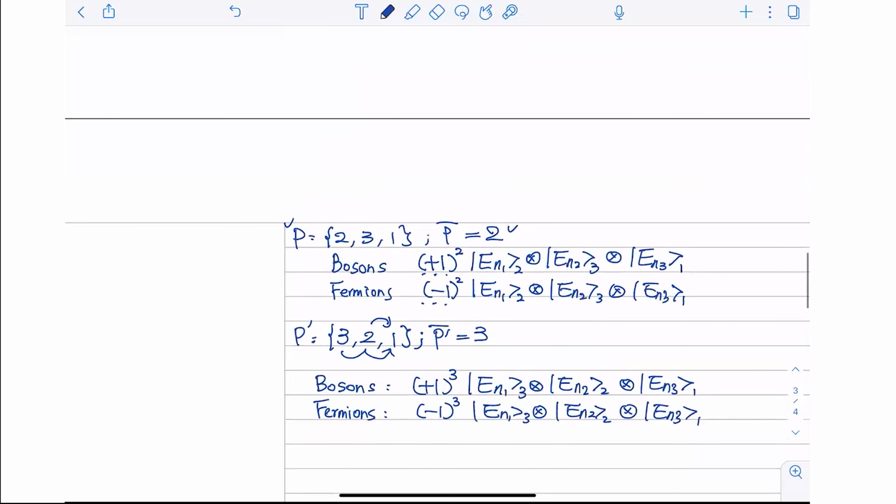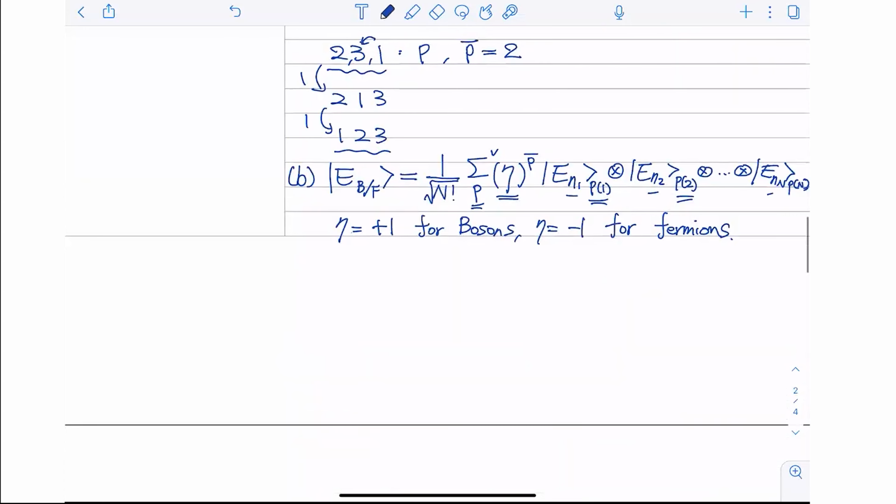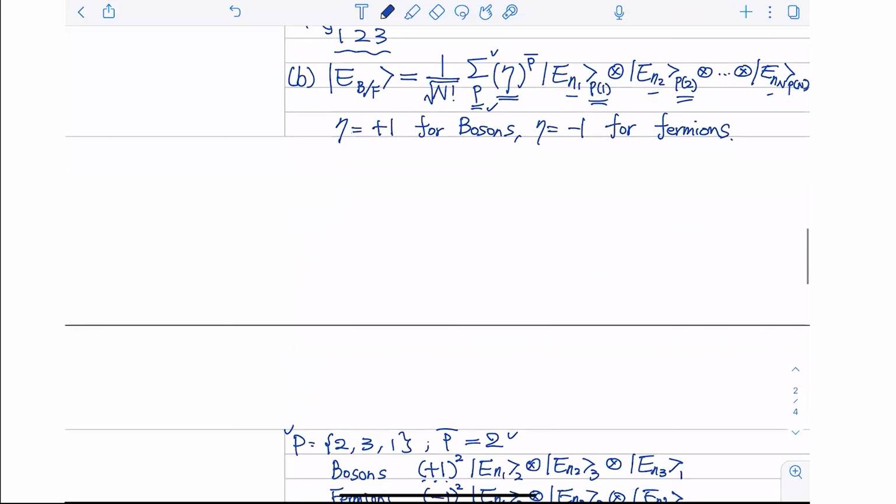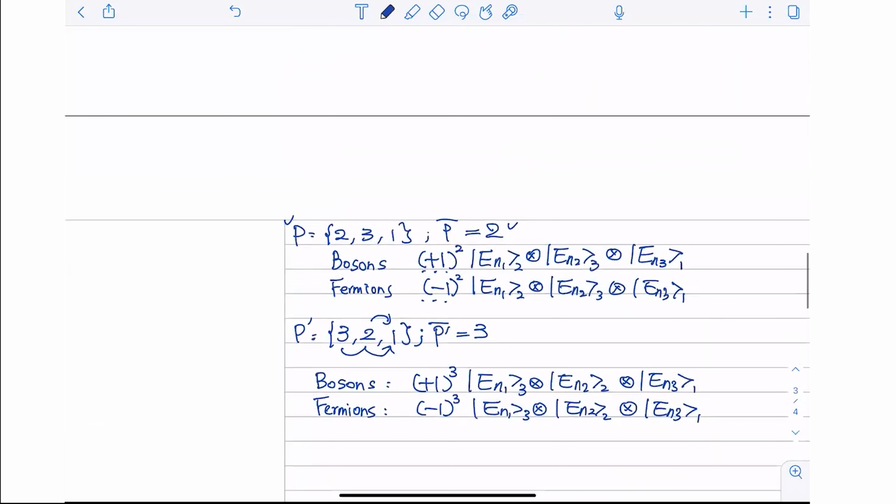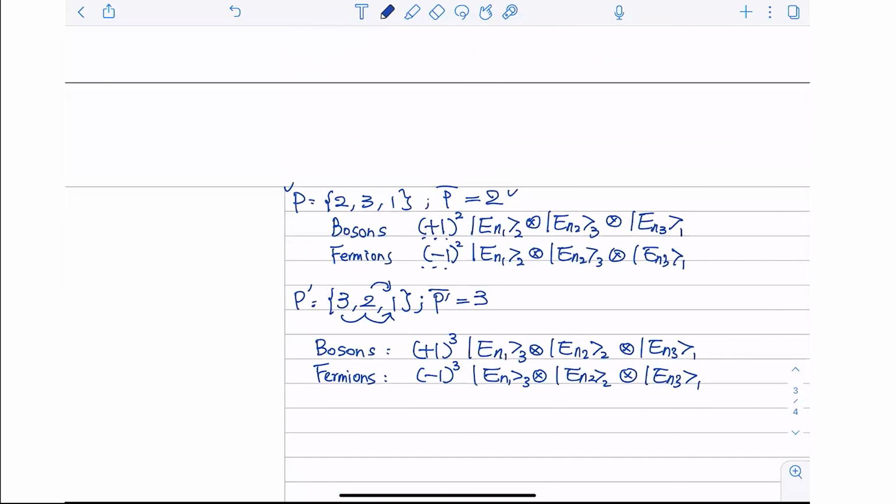That's the effect of this construction when we include all the permutations. For those states where you need to perform an even number of swaps, we call these the even permutations. And for those states where you need to perform an odd number of swaps in order to get them ordered, we call them the odd permutations.